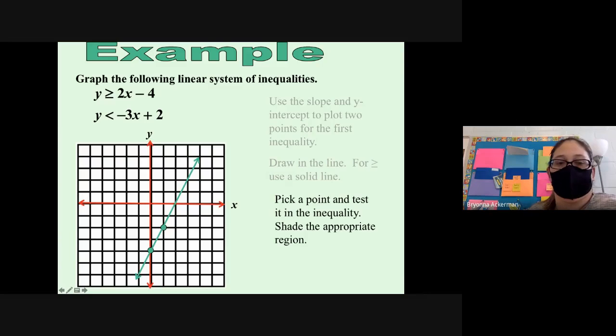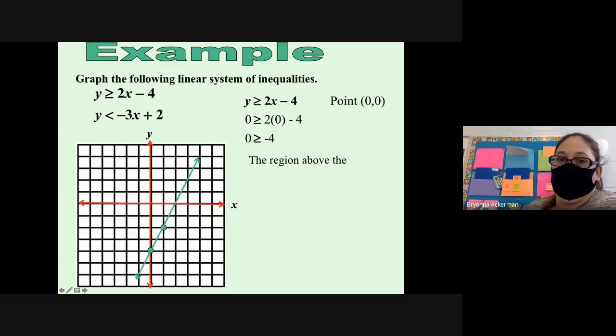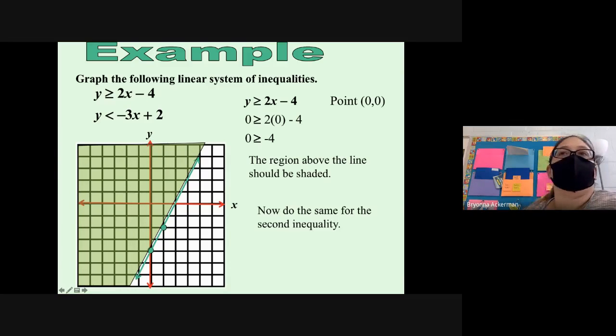So I like 0, 0. So if I plug in 0, 0, I'm going to get 0 is greater than or equal to -4. Is that correct? Is 0 greater than -4? Yes. 0 is greater than -4. So yes, you were right. I shade here.